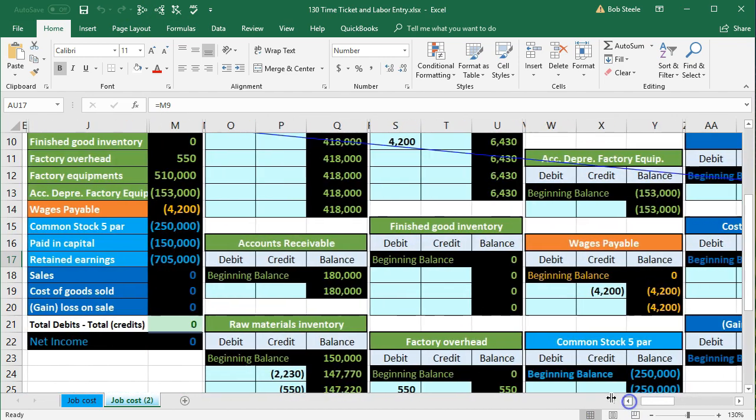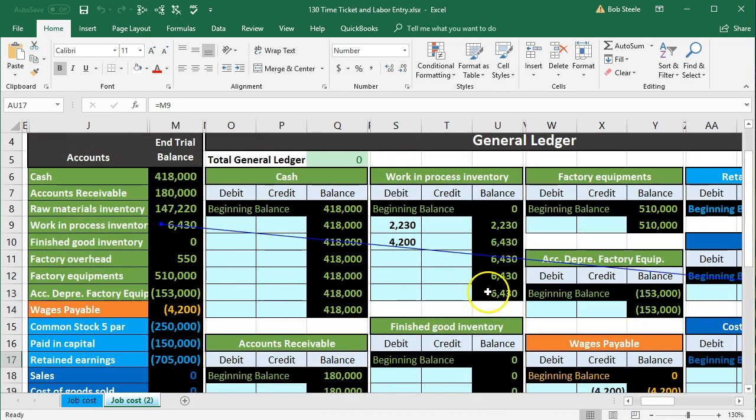We noted that this work in process was used to create this number, and this number should be supported by the work in process jobs, and it is. So we look good there.